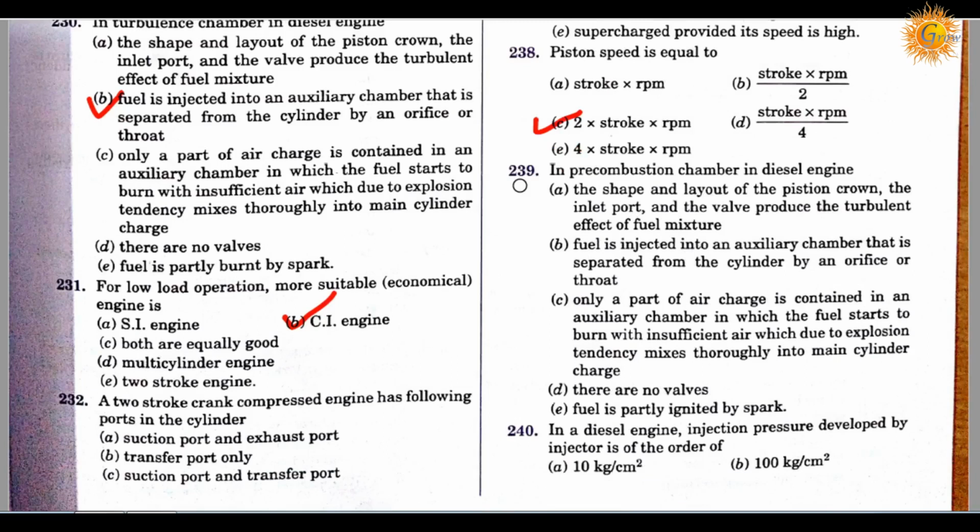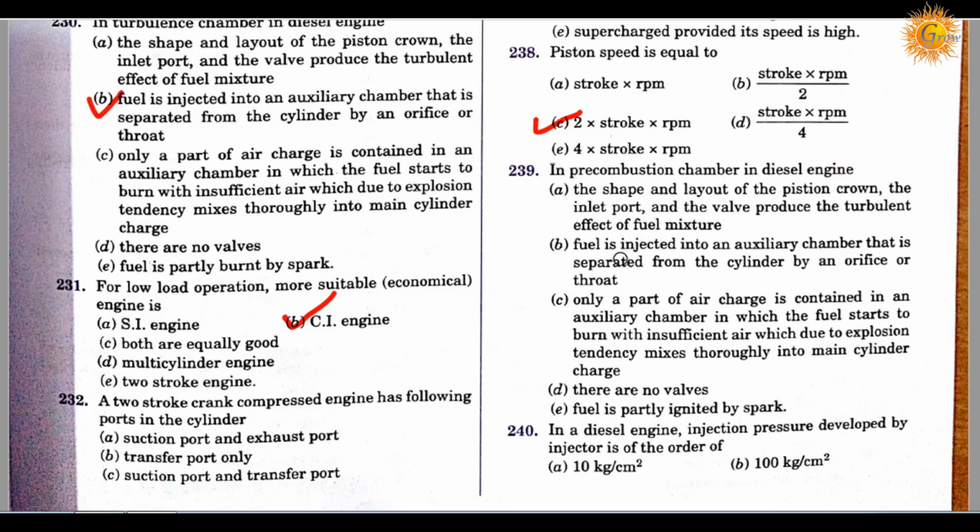Question number 239. In pre-combustion chamber in diesel engine, option A, the shape and layout of the piston crown, the inlet port and the valve produce the turbulent effect of fuel mixture.